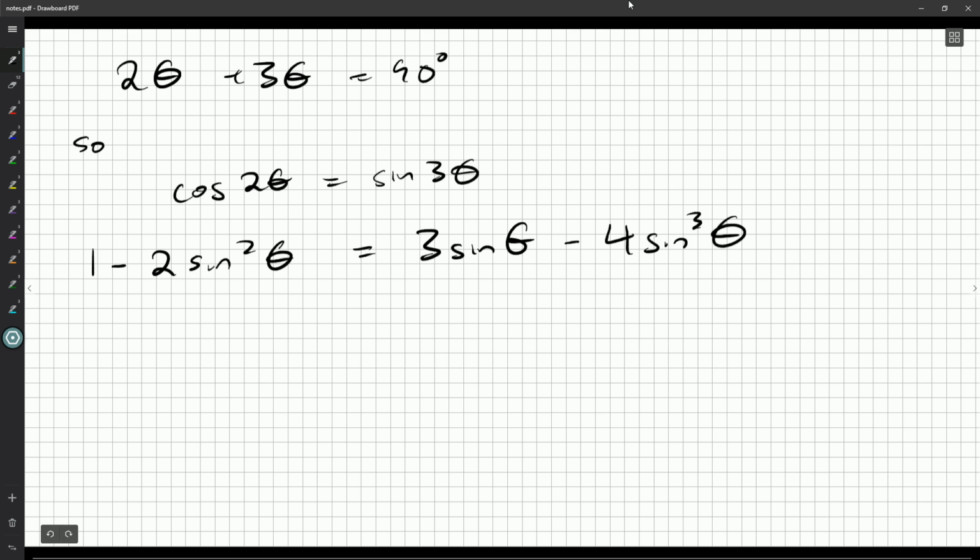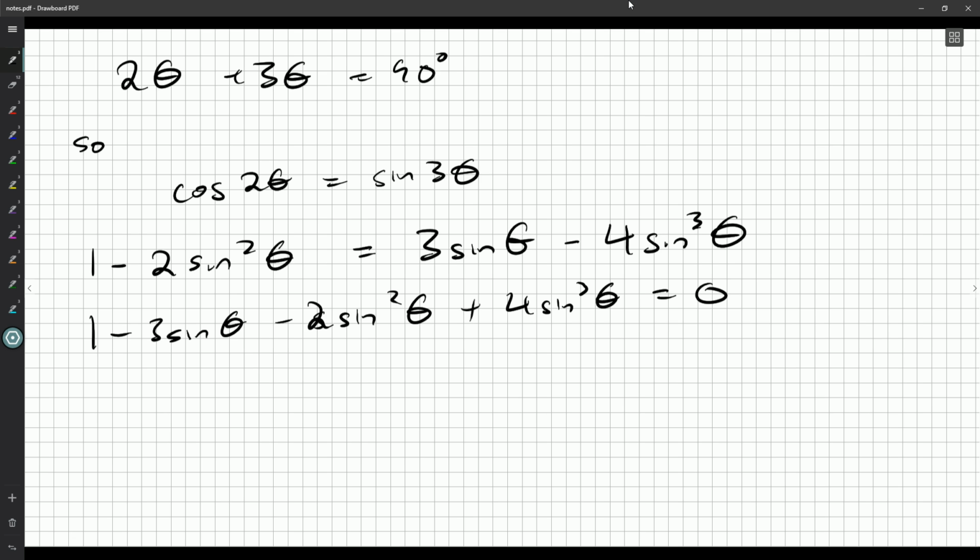Just bring it all over to the other side. So 1 minus 3 sine theta minus 2 sine squared theta plus 4 sine cubed theta equals 0. But that's a cubic, and I don't know how to solve that cubic. I don't have the cubic formula memorized.